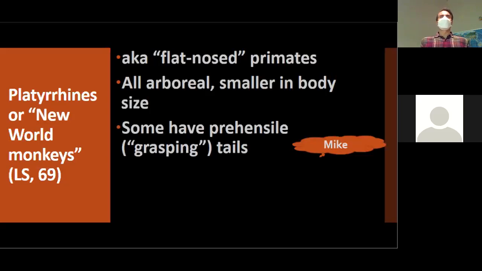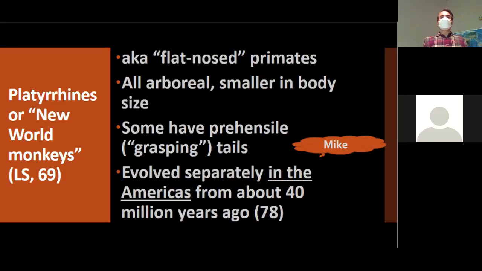I don't know if you've ever seen an opossum being able to curl its tail. Some of the New World monkeys, not all, have these tails that can curl. In addition to having grasping hands and toes, which is a feature of most primates, they have a grasping tail that can curl around and help them to do things in trees.